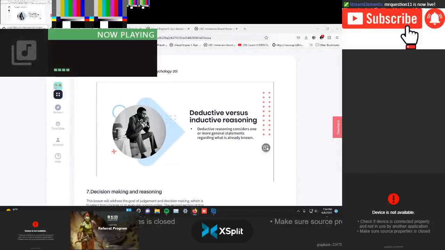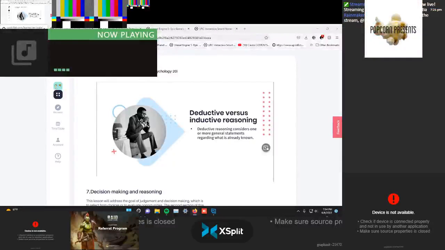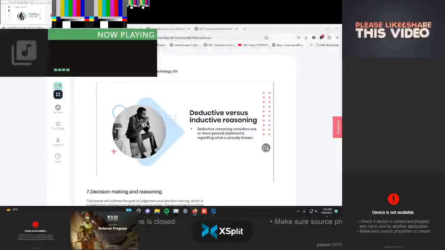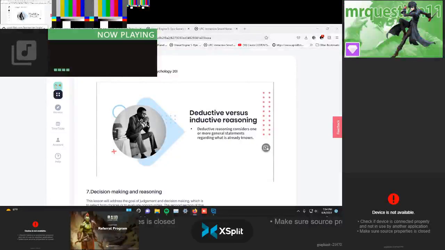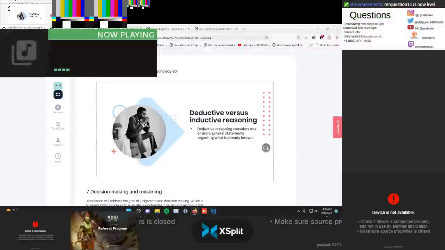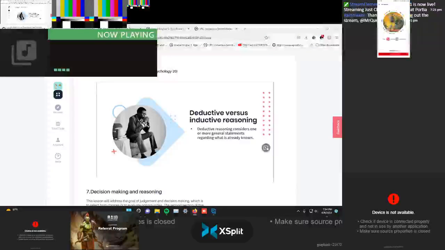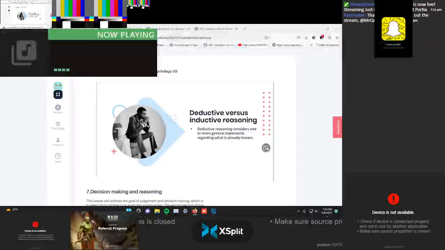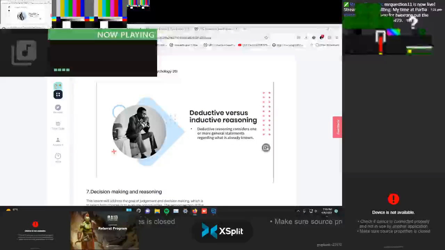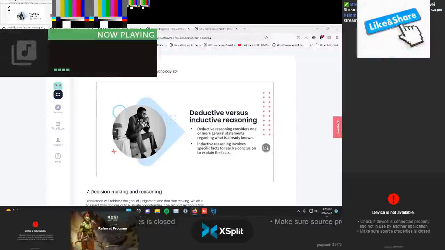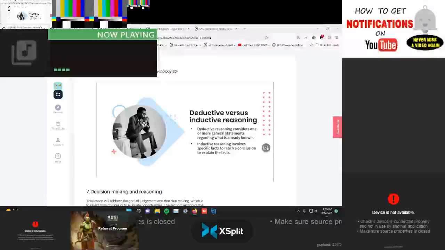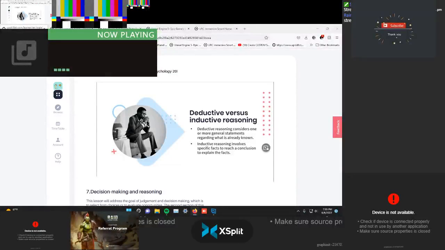It often involves reasoning from one or more general statements regarding what is known in terms of a specific application of the general statement. On the other hand, inductive reasoning is the process of reasoning from specific facts.